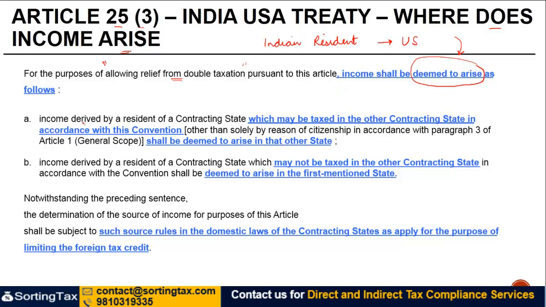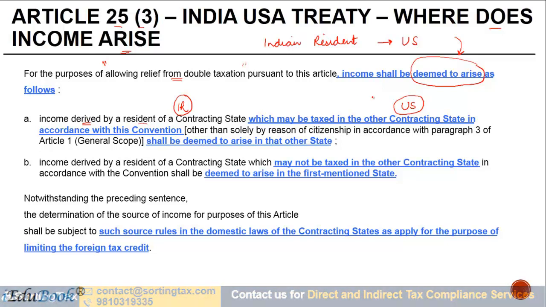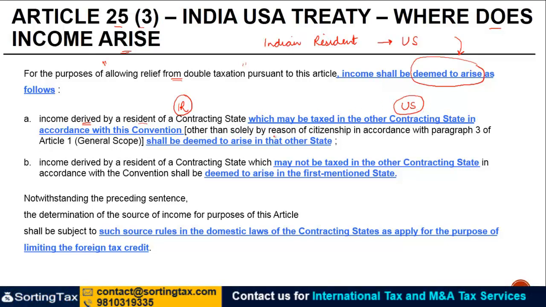Income derived by a resident of a contracting state, so an Indian resident, which may be taxed in the other contracting state, which is the US, in accordance with this convention, other than solely by reason of citizenship in accordance with paragraph 3 of Article 1, shall be deemed to arise in that other state.